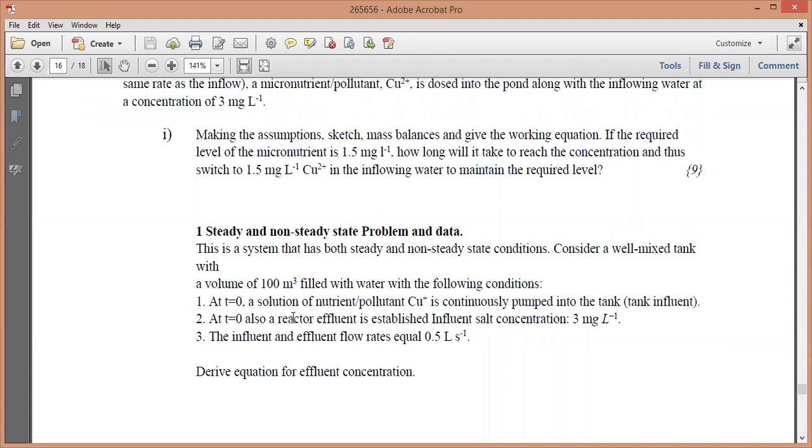The influent salt concentration is 3 milligrams per liter. The influent and effluent flow rates will be equal because there's overflow. So you have Fi equal to FL, which is equal to 0.5 liters per second.